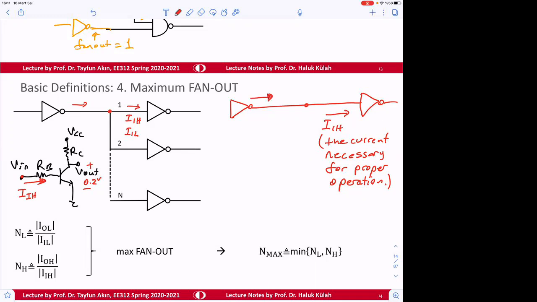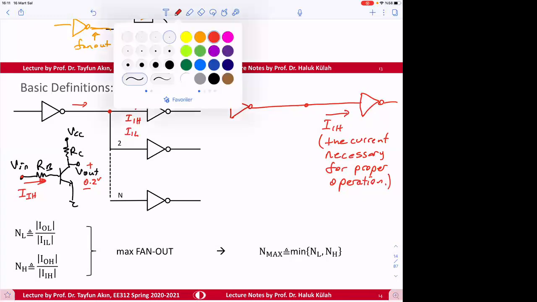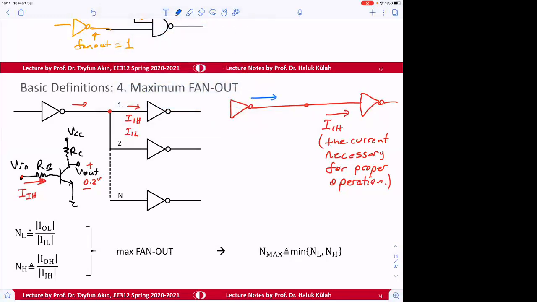But for the circuits here, the gate is going to be giving current, and the current that is given is called, let's make this a different color, I output high. So the output current is the maximum it can provide.